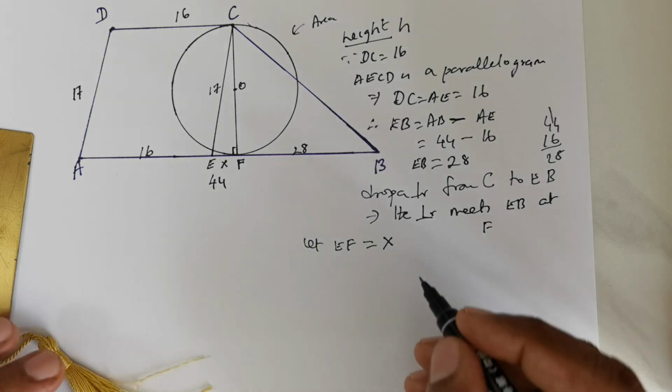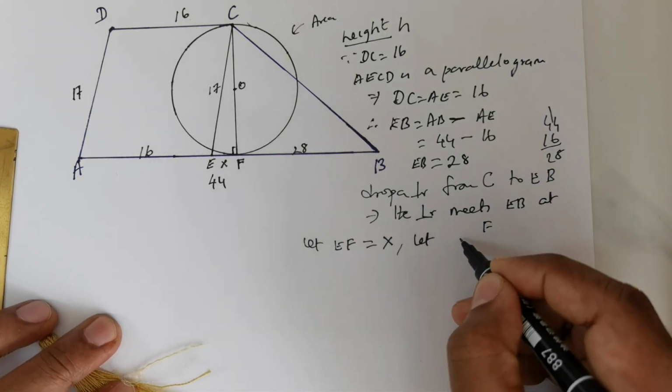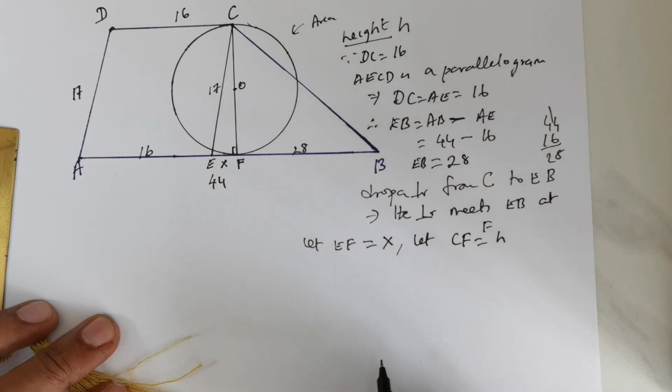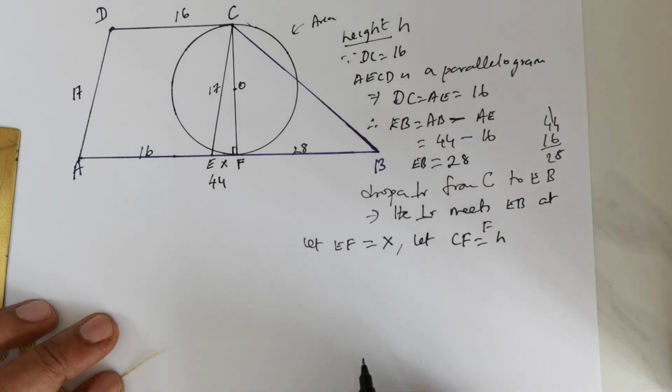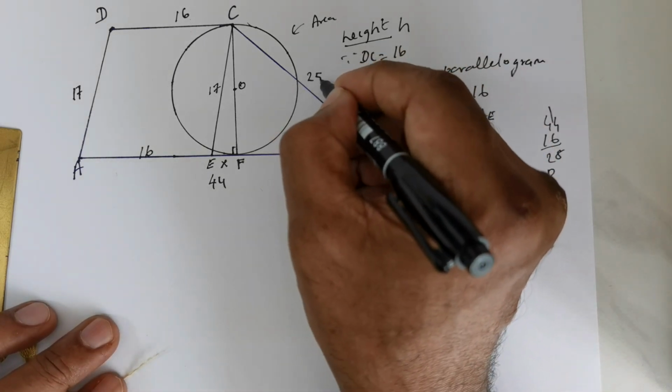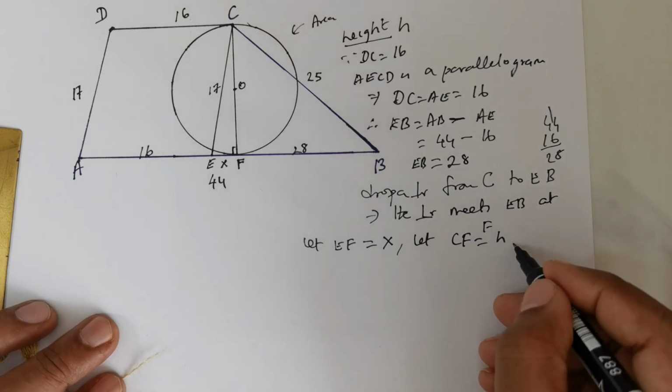Now how are we going to get the value of H? That is an important thing. Okay, so let me take CF to be equal to H. Now there is one more piece of information that we can utilize. CB is given to be 25 units.